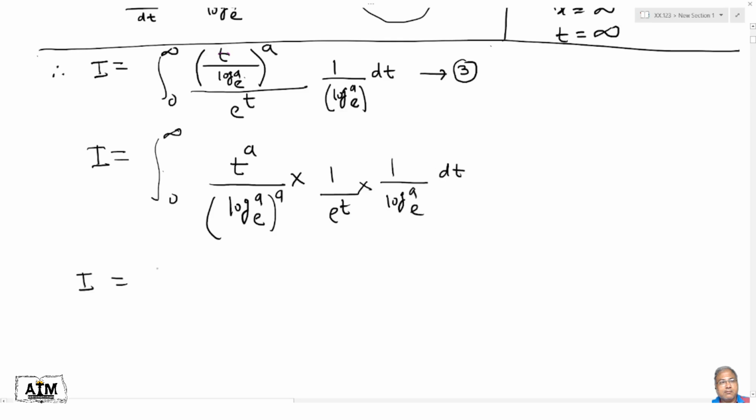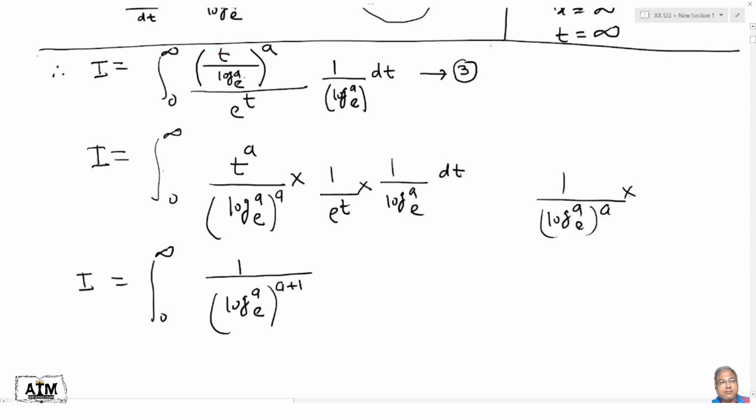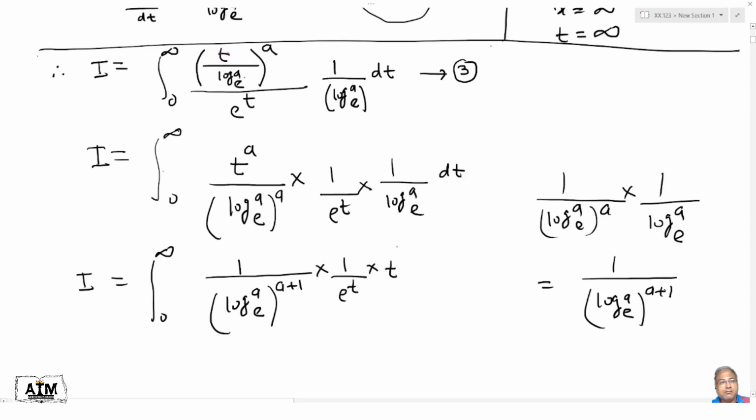This equals integration 0 to infinity 1 upon (log a to the base e) whole raised to a plus 1, because (log a to the base e) whole raised to a multiplied by 1 upon log a to the base e is equivalent to 1 upon (log a to the base e) whole raised to a plus 1, multiplied by 1 upon e raised to t multiplied by t raised to a dt.